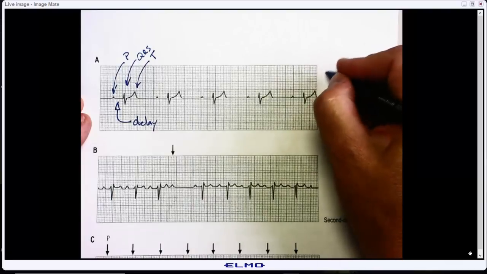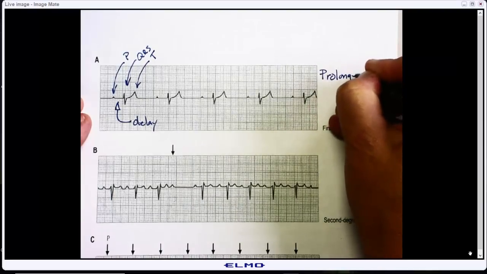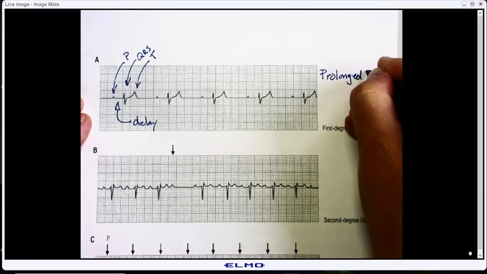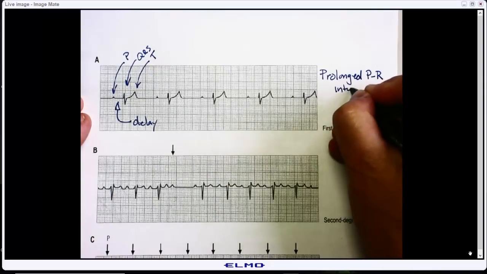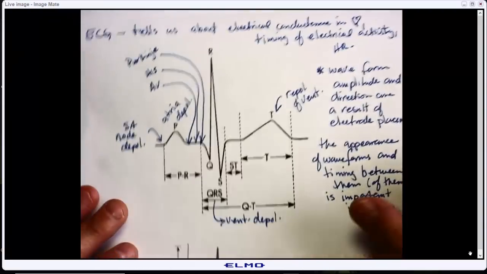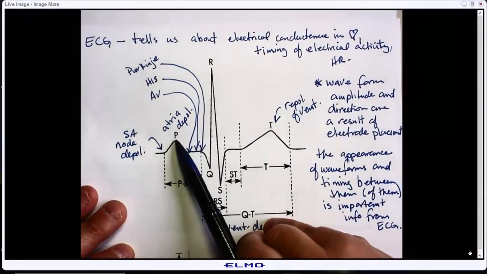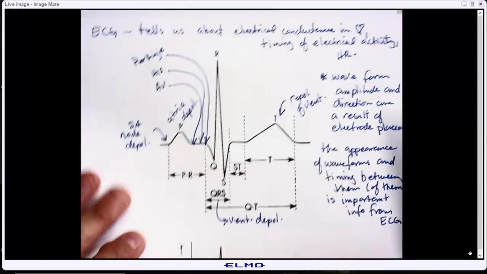The timing is. We have a prolonged, what they call PR interval. Okay? Prolonged interval between this P wave and the peak of the R, or the peak of the QRS. Okay, so there's a prolonged interval there.